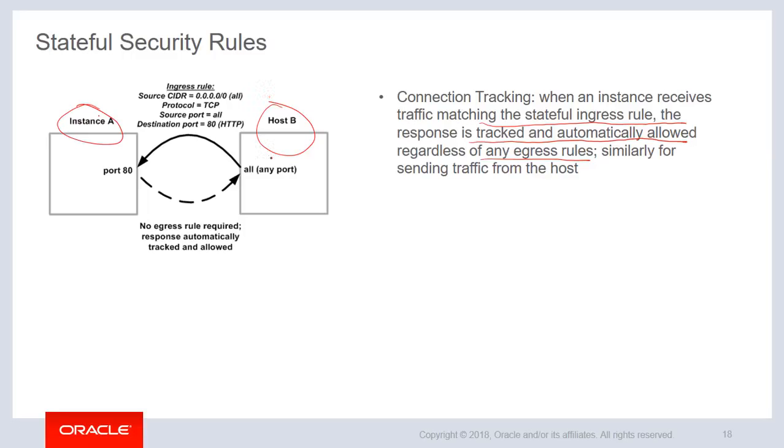If this host is sending traffic destined to port 80, so this can be a web server, you would write a rule saying my traffic can come from anywhere, protocol is TCP, my source port can be anything, it doesn't matter, but my destination port is 80. That is the HTTP port. If you have specified this as a stateful security rule, you don't need an egress rule. The response is automatically tracked and allowed, as you can see with this dotted line. You don't need to specify a rule here. Default security rules are stateful.